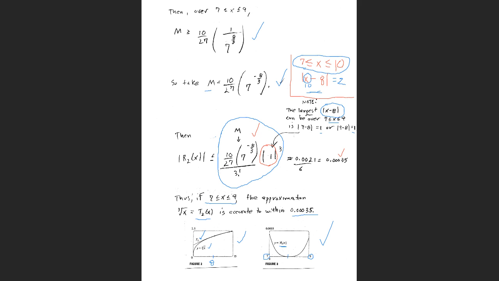So right here at a equals 8, the approximation's perfect. But then as you move away from a equals 8, for x values like over here, and x values over here, naturally the error is going to increase, but it's still pretty good. The error doesn't get more than 3 10,000ths. So it's pretty good.